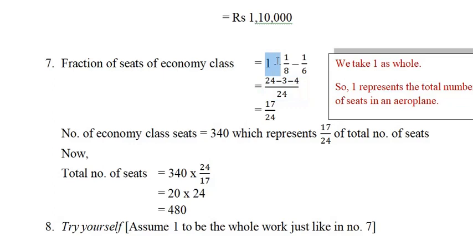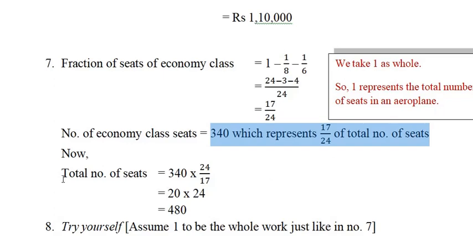So 1 minus 1 by 8 minus 1 by 6 gives the fraction of seats of economy class, 17 by 24. The number of seats of economy class is already given, that is 340, which represents 17 by 24 of the total number of seats.